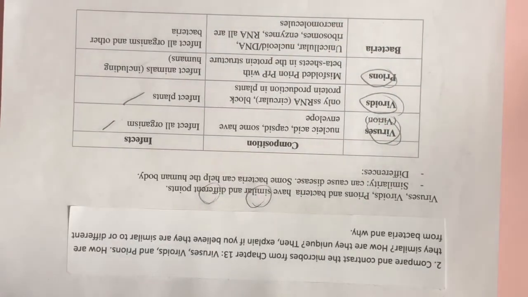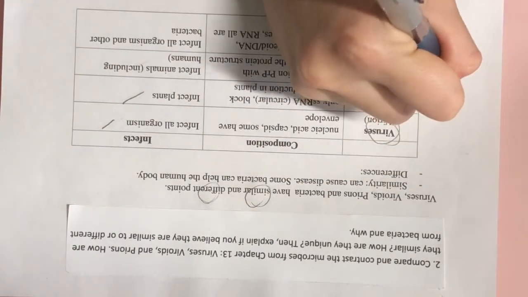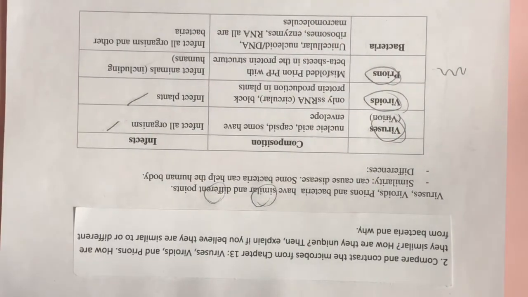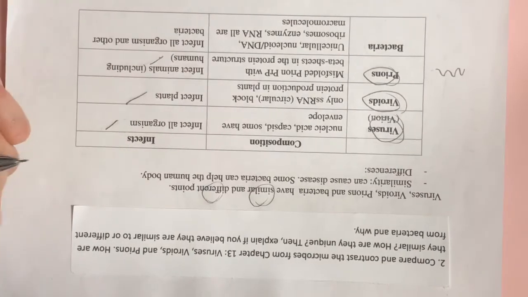Prions are infectious proteins. They are only misfolded proteins with beta sheets. It looks zigzag-like. Prions infect animals, humans, and can cause cells to die.